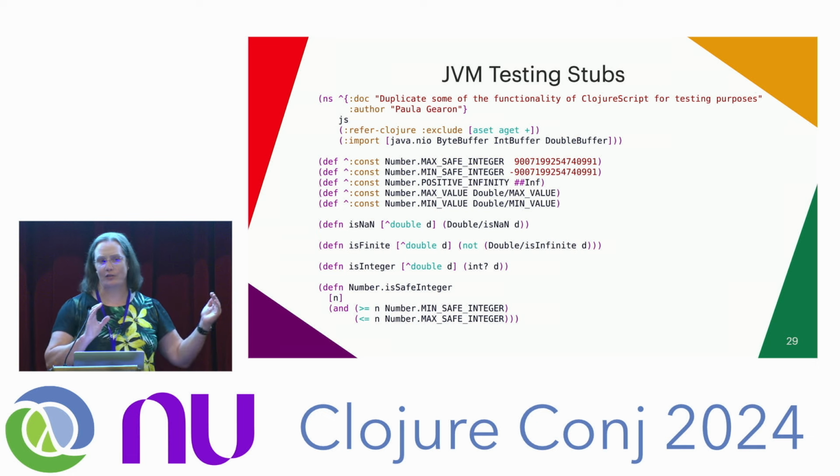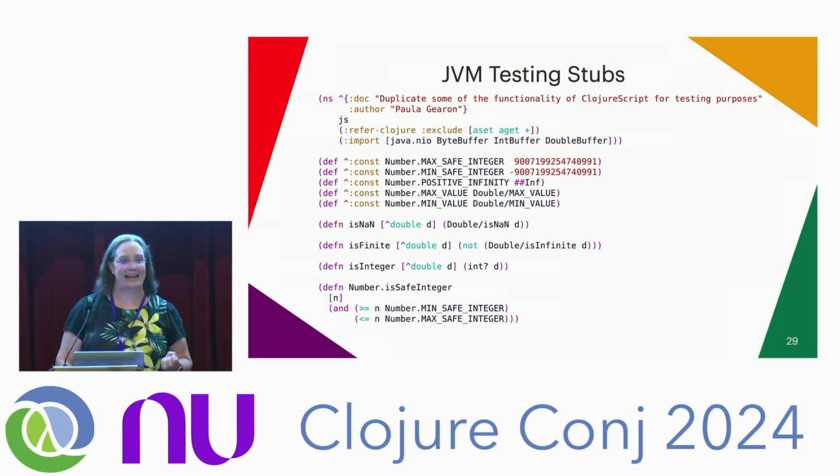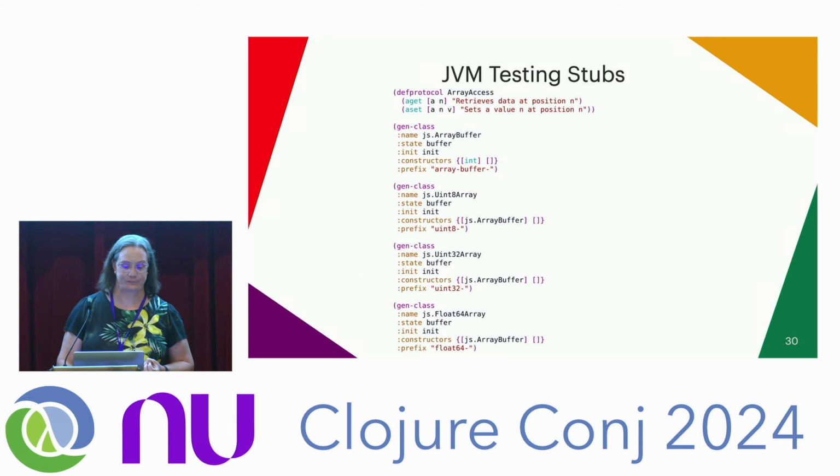But what about those buffers that I was using for moving this data around? They look an awful lot like the NIO buffers that we have in Java. So, I generated a couple of classes to represent them, and created a protocol of array access to get them, using an aget and aset operation, because that's how we were using arrays in ClojureScript.